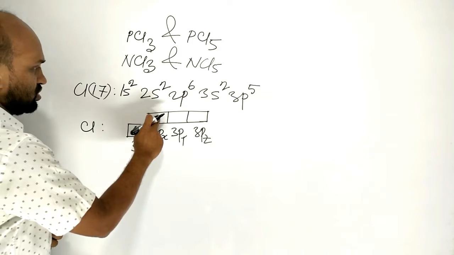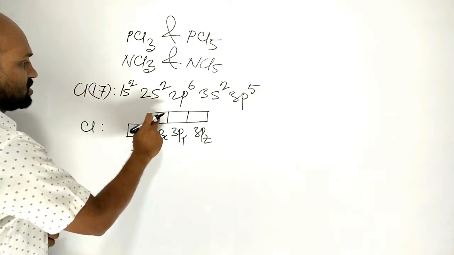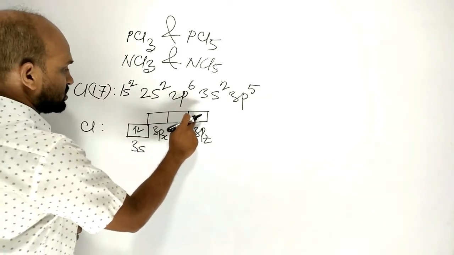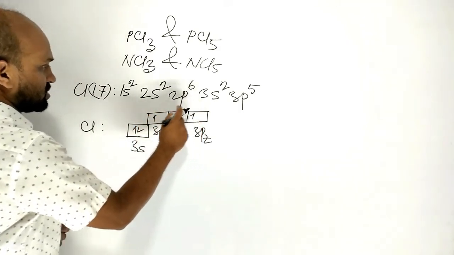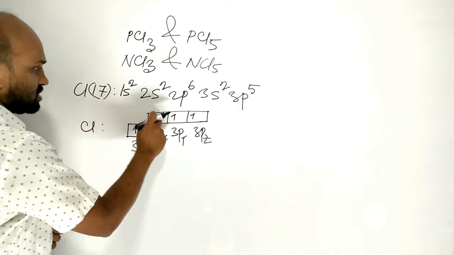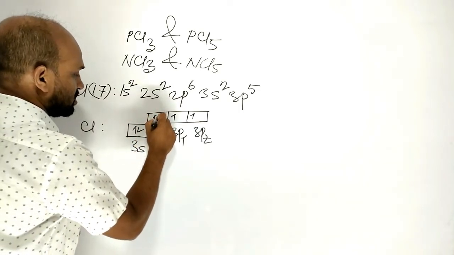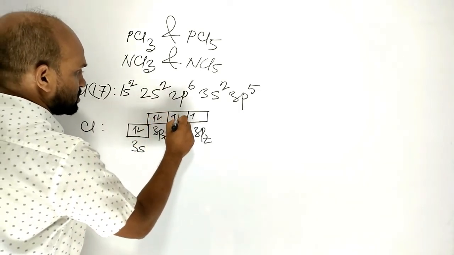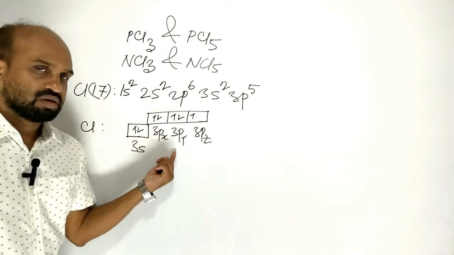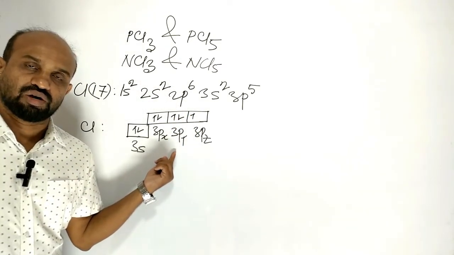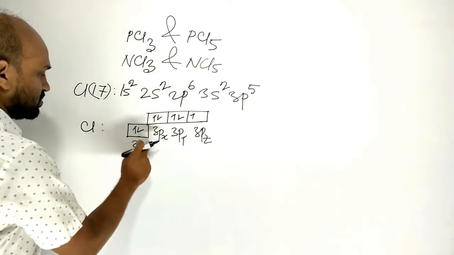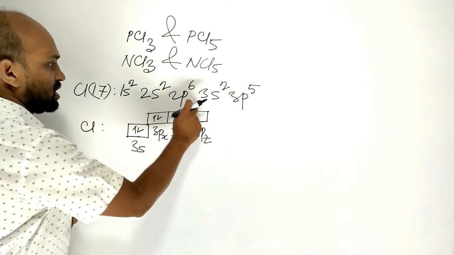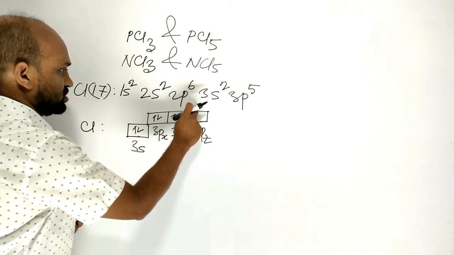According to Hund's rule, firstly, in degenerate orbitals, 1 electron will enter each, and then the orbitals will be paired. That is, in the outermost shell of chlorine, there are 3 pairs of electrons and 1 unpaired electron.